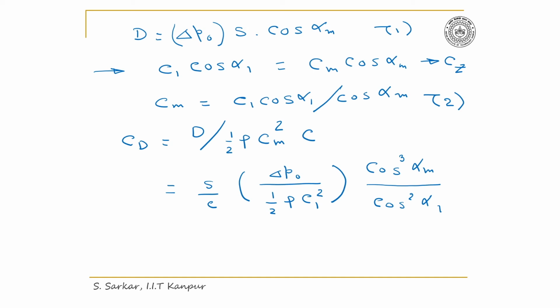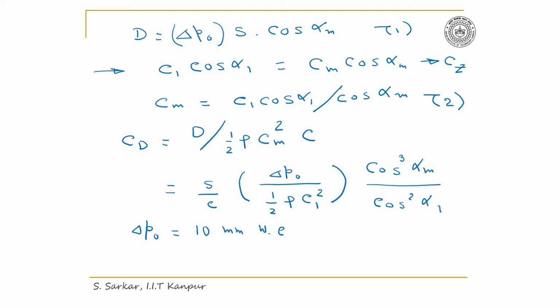0.0355. Before that, I'd like to state one point, that del P0 was given in terms of 10 millimeter of water column. You will have to convert it to meters of air.